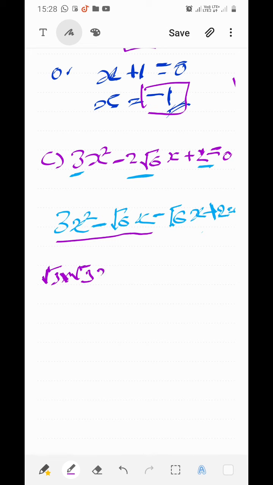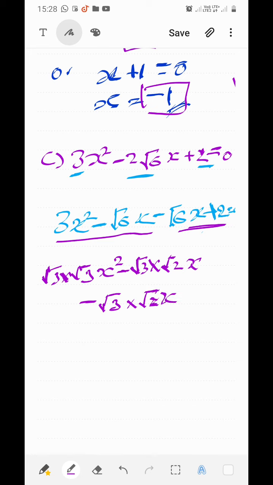So now we change this: root 3 into root 3 x² minus root 6 we can write as root 3 into root 2 x, minus next two terms, root 6 again we can write as root 3 into root 2 x, plus 2, the last constant term.